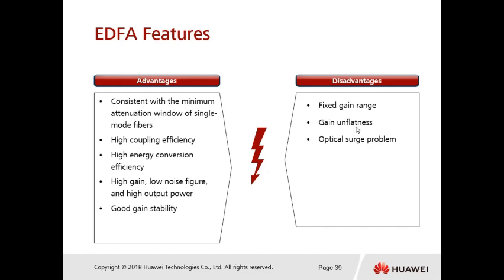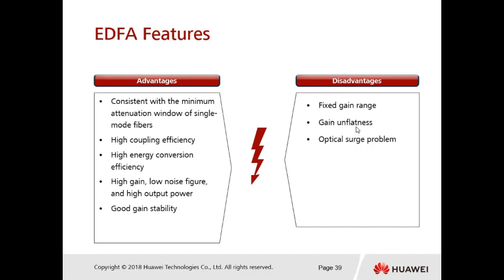That is, an input optical power peak occurs. The optical surge problem is more severe when EDFAs are cascaded. The peak optical power can be several watts, which may damage optical-to-electrical converters, optical connectors and faces. So that is the optical surge problem.